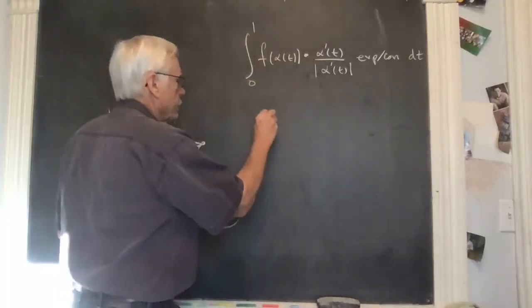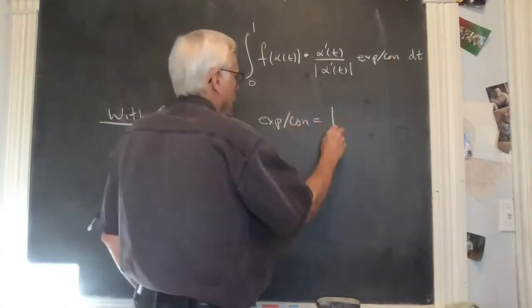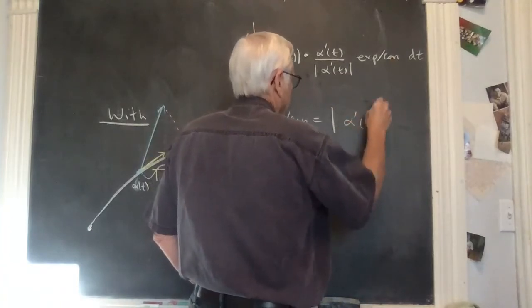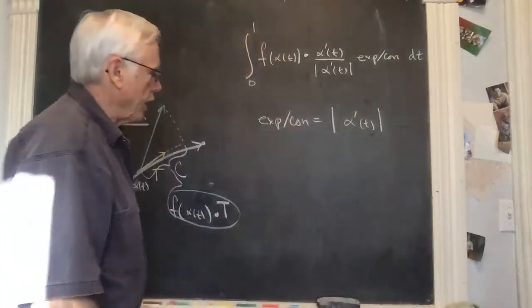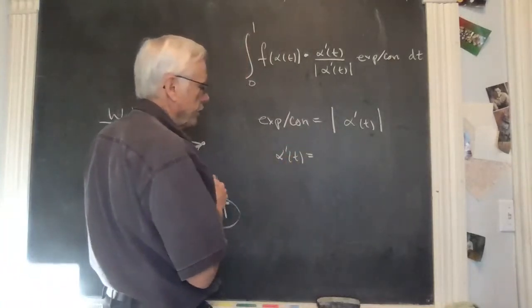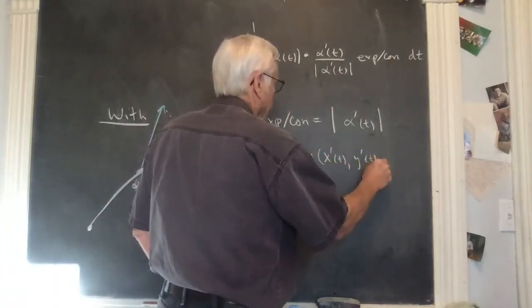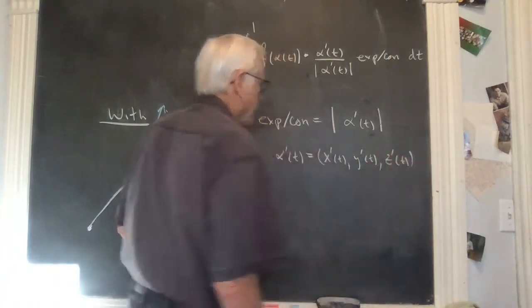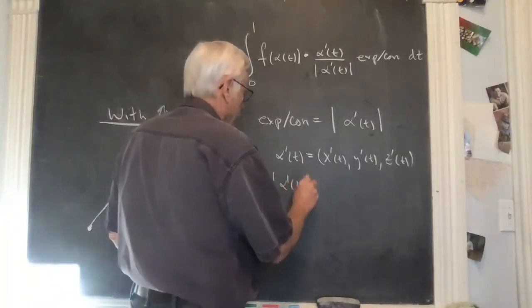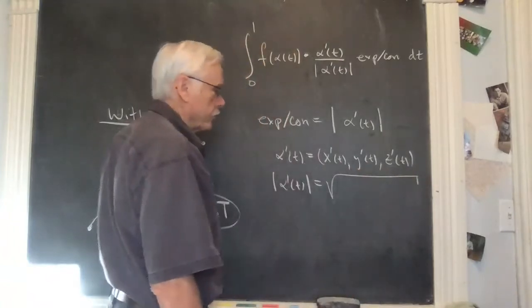And to find the expansion contraction factor due to the parameterization, now this is not a determinant because alpha prime of t, if it's in 3 space, will be x prime of t, y prime of t, z prime of t. And so the expansion contraction factor is the square root of the sum of the squares of the largest square determinants.